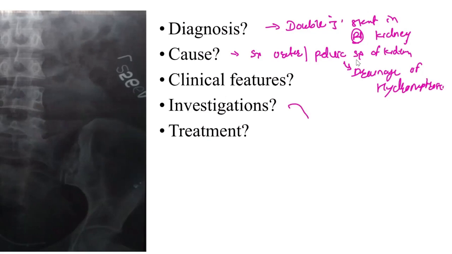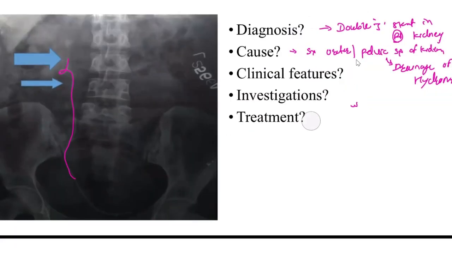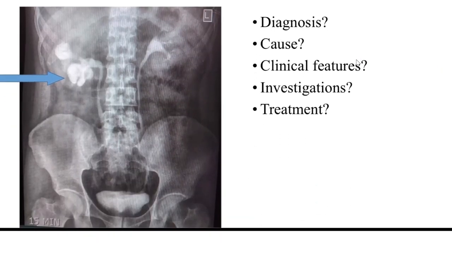So, what is the investigation or the treatment? It is actually a part of the treatment after the surgeries for nephrolithotomy or surgeries for the removal of stones from the renal pelvis. After the surgery, the stent is placed to drain the urine and to avoid blockage of the urinary system.